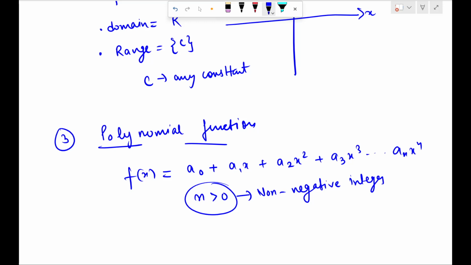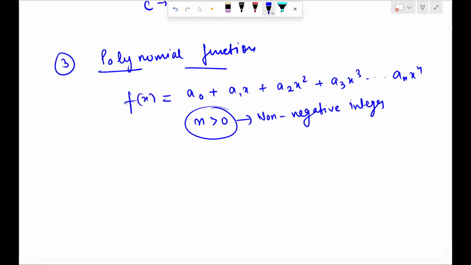A function is called a polynomial if n is a non-negative integer. If n is not an integer, then f of x is not a polynomial function.